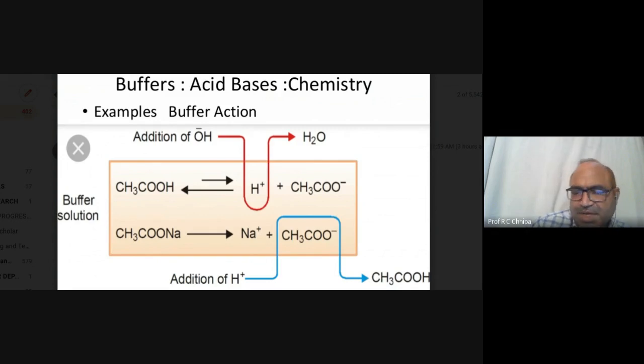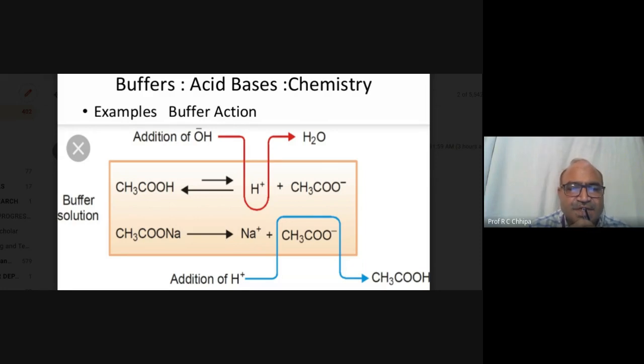Now, how does the chemical reaction happen? Here a strong base is added. Here we have acetic acid, and this is the acid buffer. An acid buffer is a mixture of a weak acid with a salt of a weak acid and a strong base. Acetic acid is a weak acid because its dissociation is very poor.